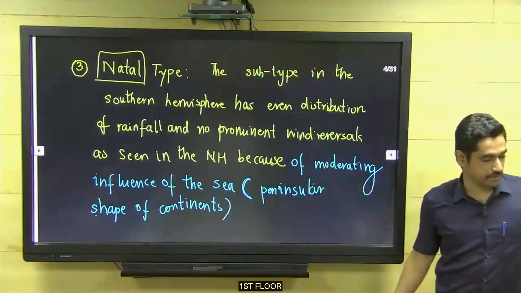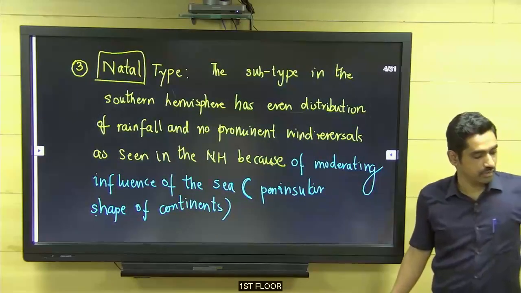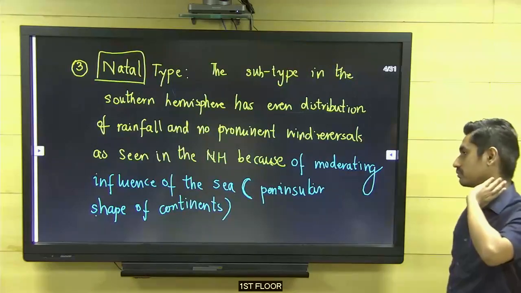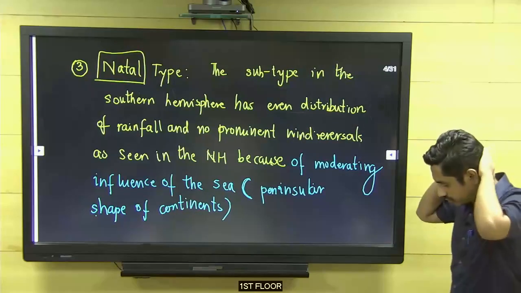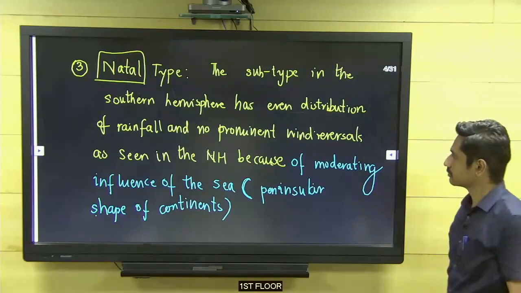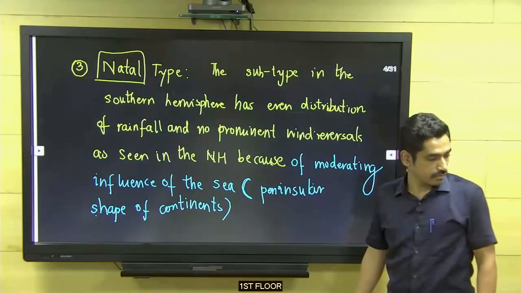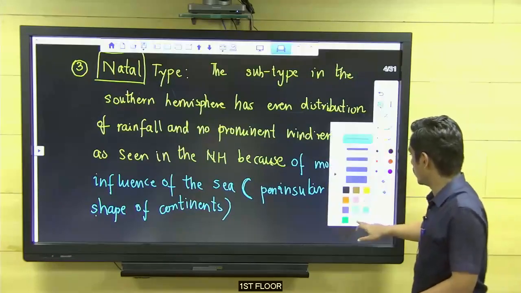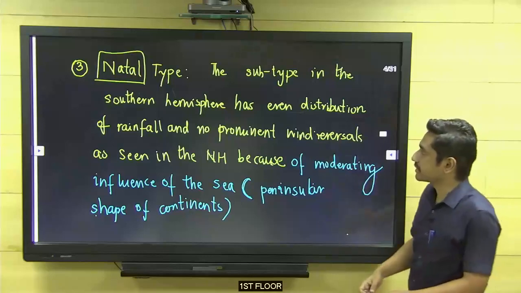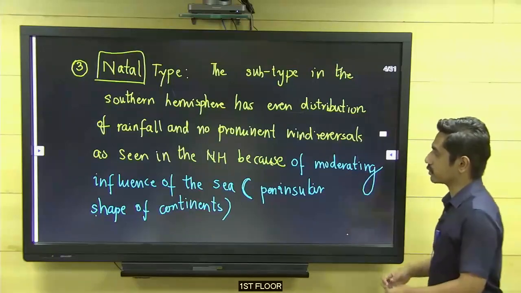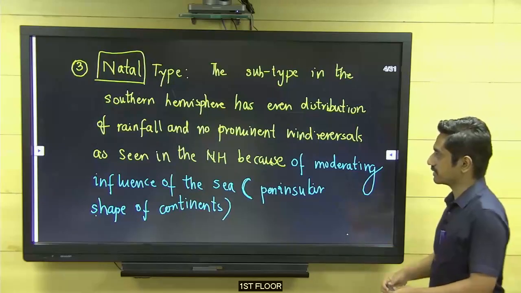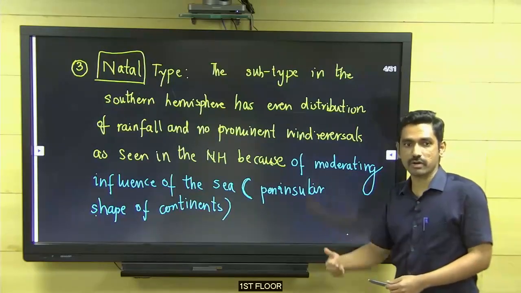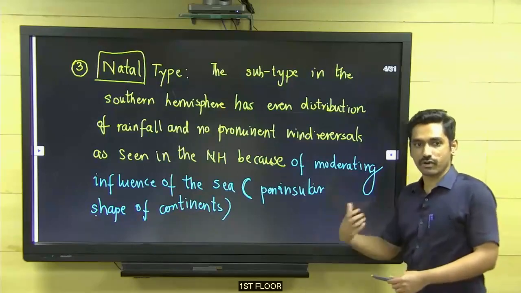Let me explain with the map section, no worries. Hope you're ready. I'll read it again, then I'll flip over. The subtype in the southern hemisphere has even distribution of rainfall and no prominent wind reversal as seen in the northern hemisphere because of the moderating influence of the sea, which is technically brought over with the peninsular shape of the continents, right?